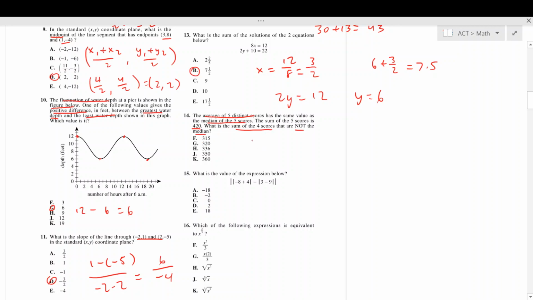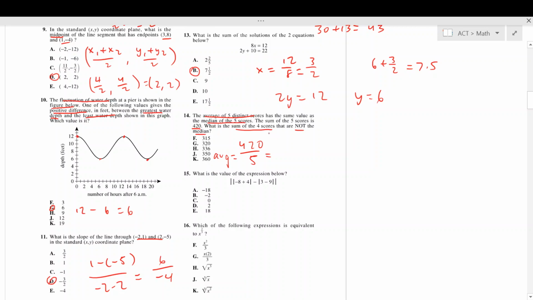Right, so the sum of the 5 scores is 420, and the average has the same value as the median. So if the sum of the 5 scores is 420, then the average must be 420 over 5, right? Because to find the average, we add up all the scores, and we're given that that's 420, and we see that there's 5 scores. So we divide the sum by the total number of scores. That gives us our average.